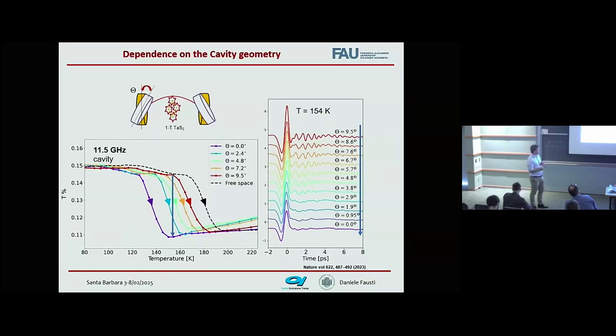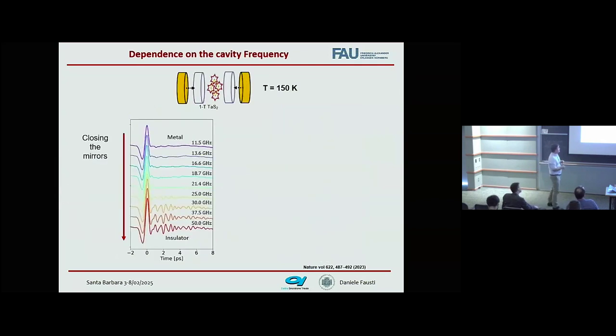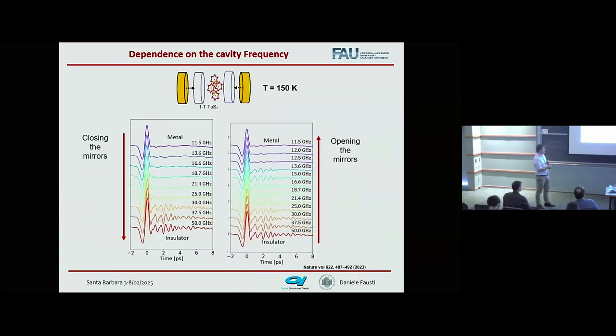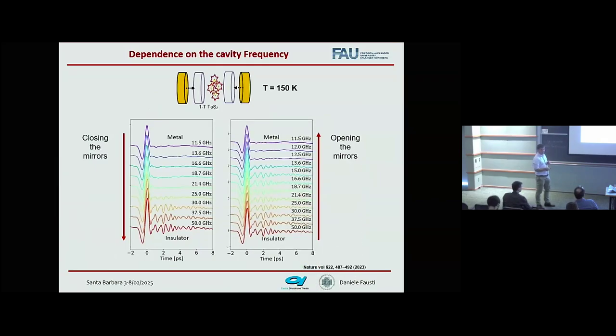By tuning the angle of the mirror, I can switch from an insulating behavior to a metallic behavior. And by tuning the cavity frequency, I can switch the system from metallic to insulator, and vice versa. So I can fully control the phase transition by playing with photonic parameters associated to the cavity shape and quality factor.